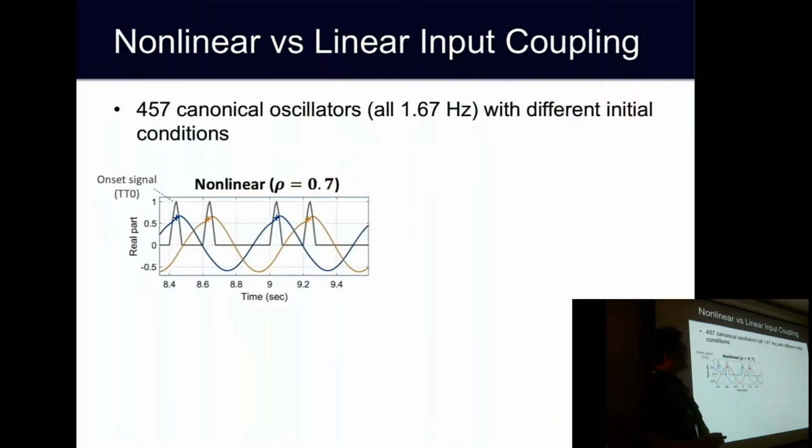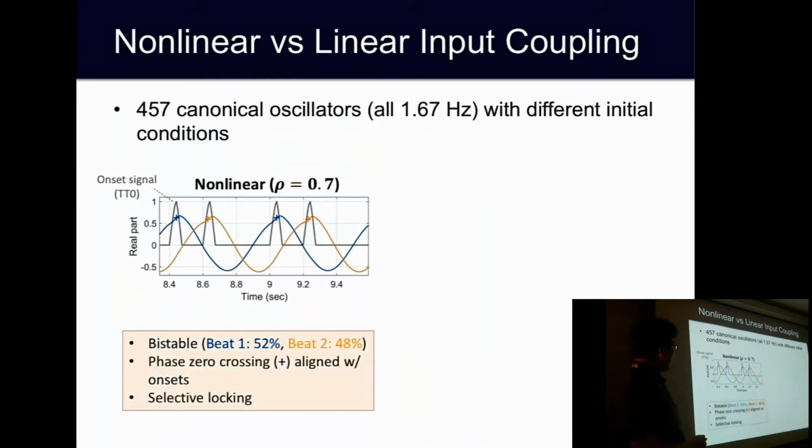With the nonlinear coupling function, about half of the oscillators lock to the first onset event, shown in blue, and their phase zero crossings, shown with the plus sign, align with the first onset events, whereas the other half of the oscillators lock to the second onset events.